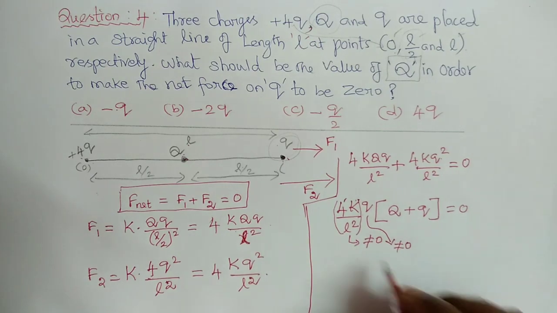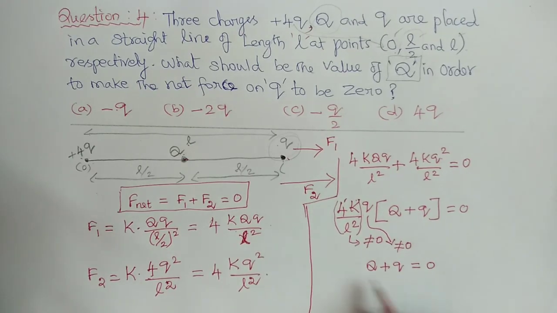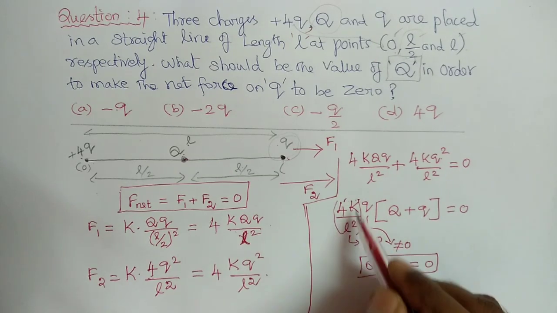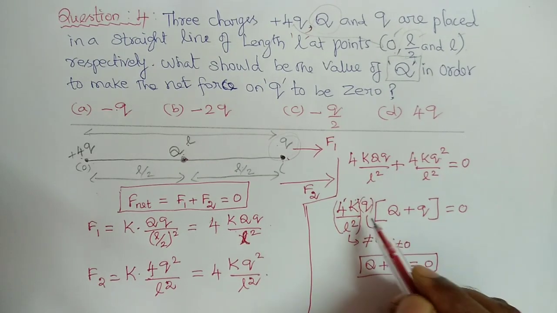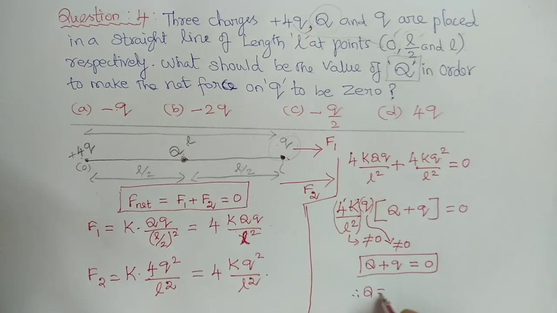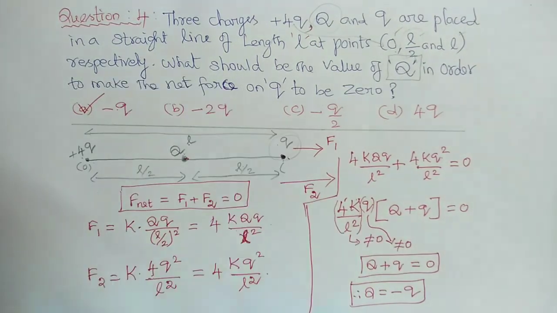So the only condition is Q plus q is equal to 0. The remaining term Q plus q is equal to 0, so Q is equal to minus q. So the value of Q is equal to minus q. So option A.